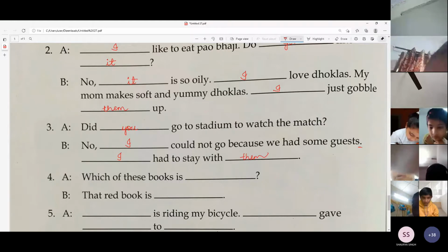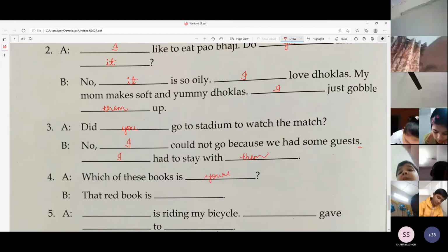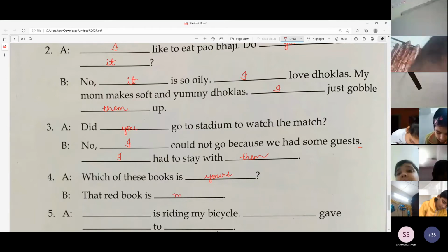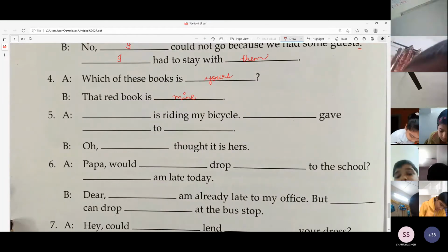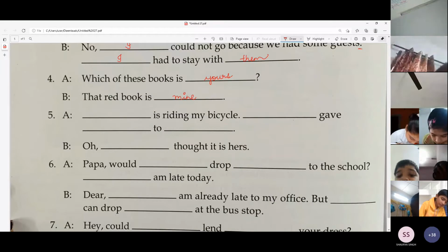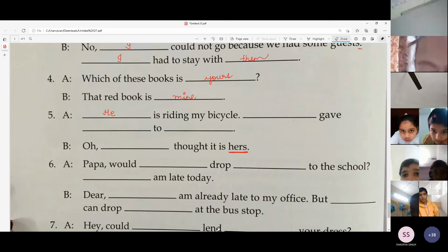Which of these books is yours? That red book is mine. M-I-N-E, mine. Very good. She is riding my bicycle. यहाँ पे लिखो, आगे क्या लिखा है? Hers. इसका मतलब हम गर्ल के बारे में बात कर रहे हैं.